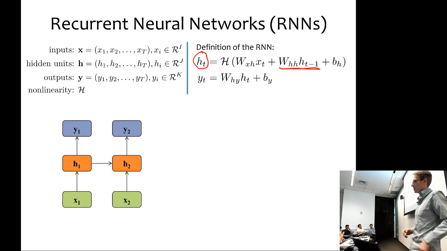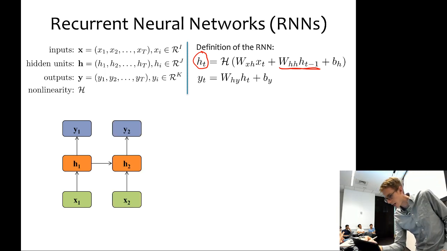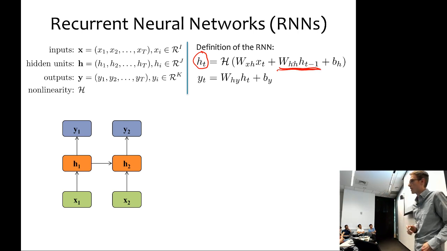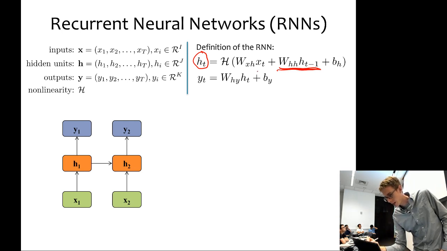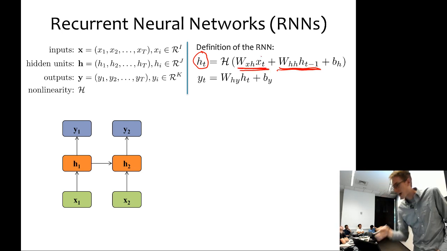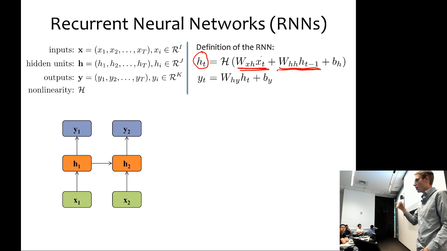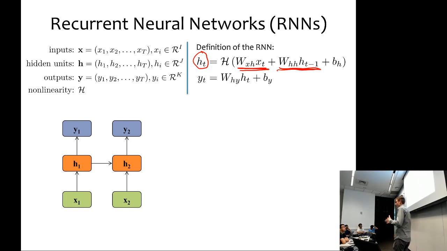But now for time step 2, we do actually have a value for the vector h_{t-1}. And so we're going to compute this vector h2, and it is going to rely both on the value of x, the current word, but also h_{t-1}, which is ostensibly going to be a representation of the entire input up until now.